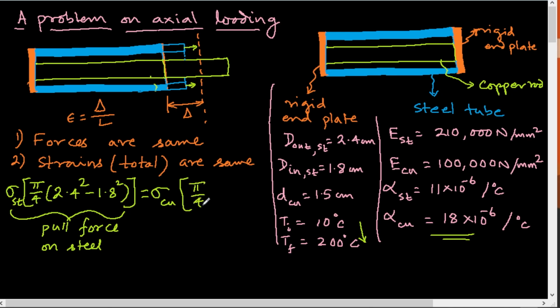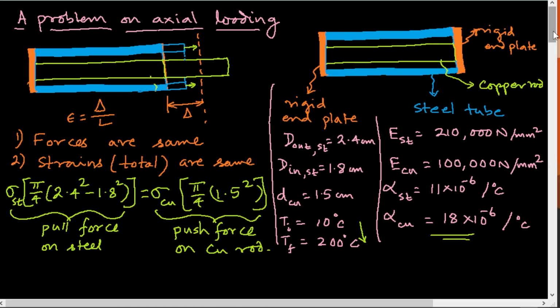pi over 4 times 1.5 squared, and this is also in a way a pull, since this end plate is pulling on this side, but I'll write it as a push because it is compressing the rod. Push force on the copper rod.